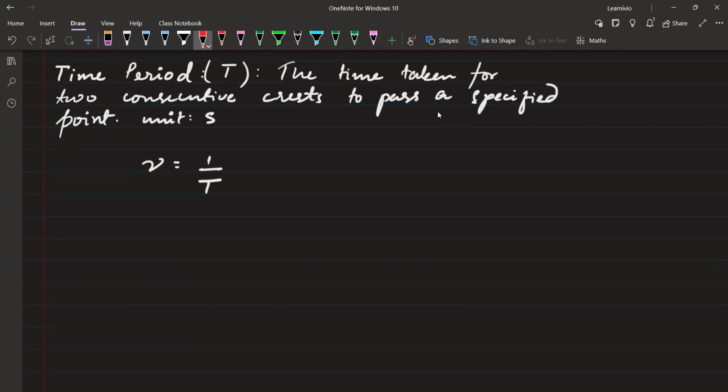I'm writing characteristics of electromagnetic waves.